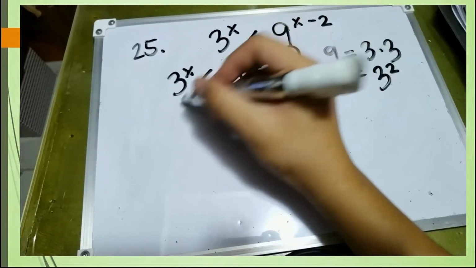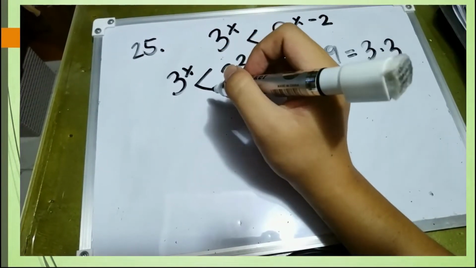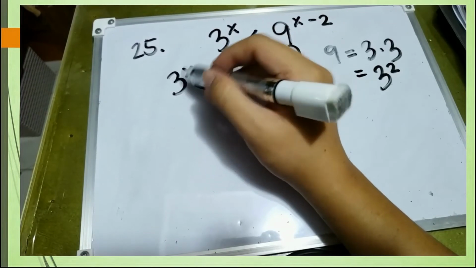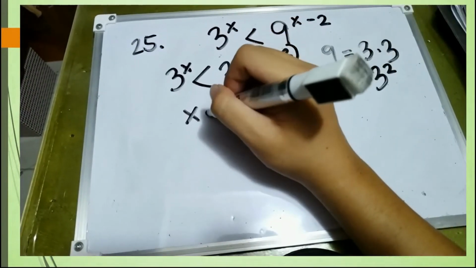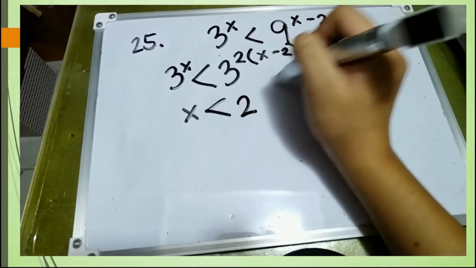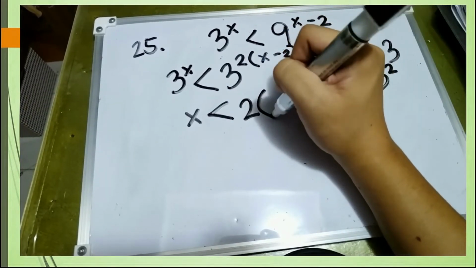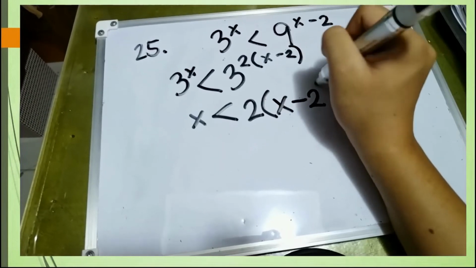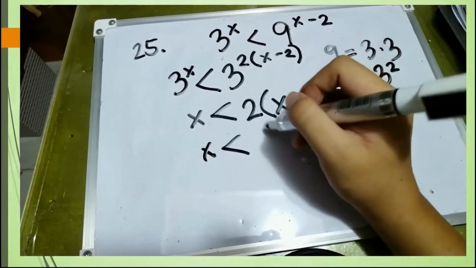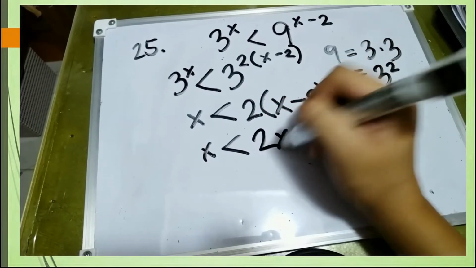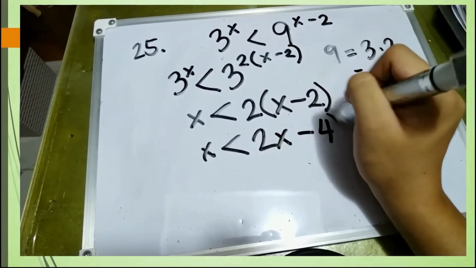So since they have the same base, we're going to cancel this one. So that becomes x is less than 2 multiplied by x minus 2. So x is less than 2x minus 4.